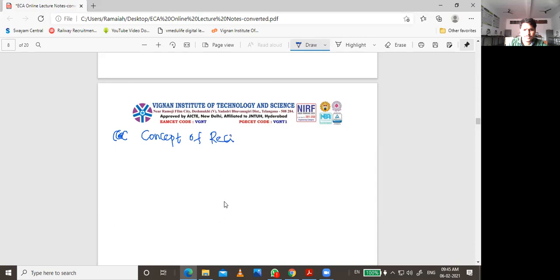Concept of reciprocity. Now we have the two ports.